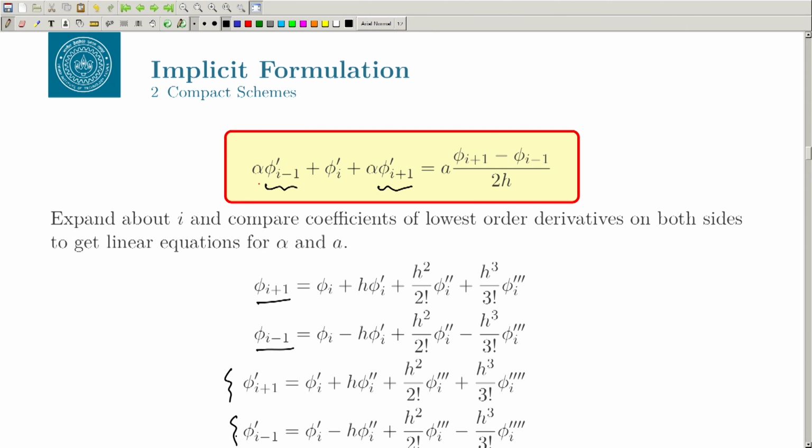And then we have to compare coefficients of the lowest order derivative, right. So, we can compare the value of phi I prime, and so on and so forth, right. Because there is no phi I on either side, we will start with phi I prime, okay.